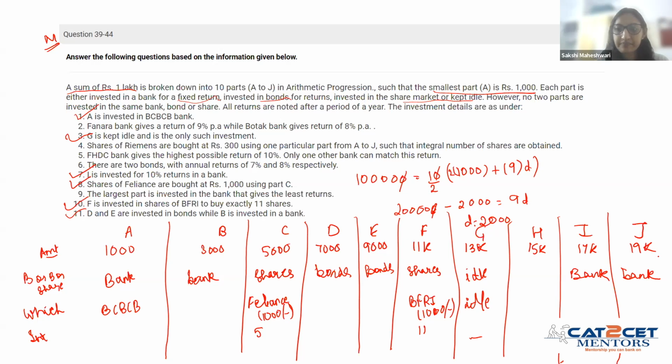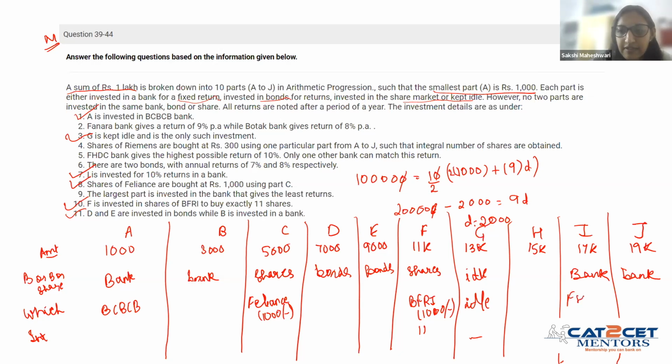Now see this bank I. This cannot be Panara or Kotak because they give 9 and 8% respectively, and this is 10%. So which bank can this be? Which other bank is remaining? I think it has to be FHDC, because this is BCBCB.